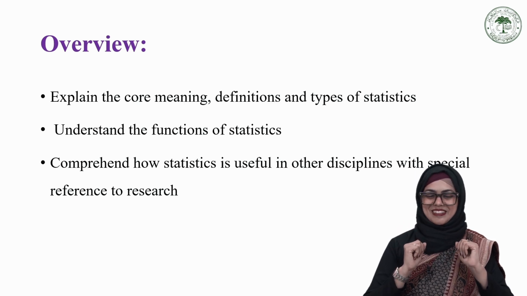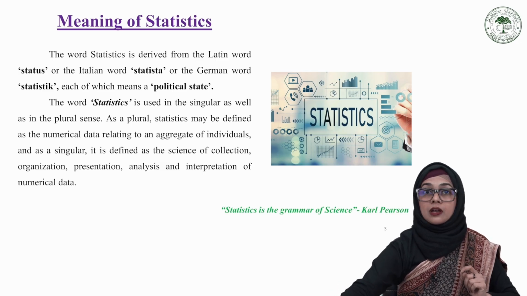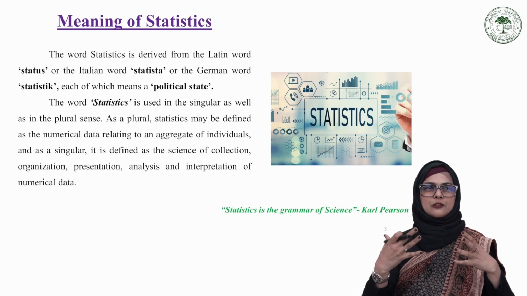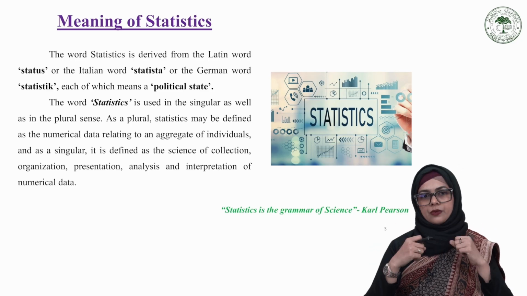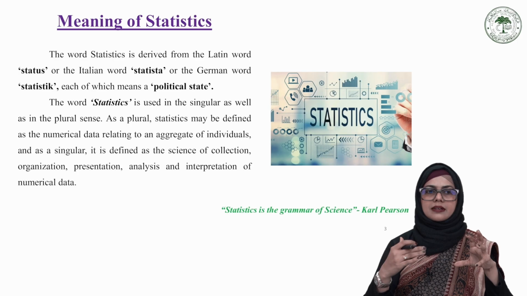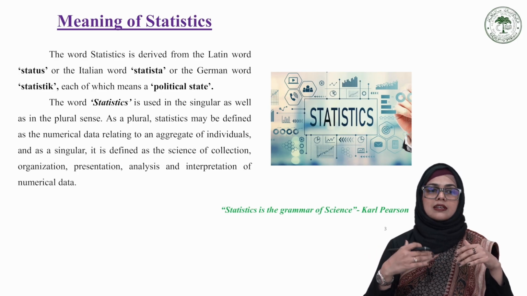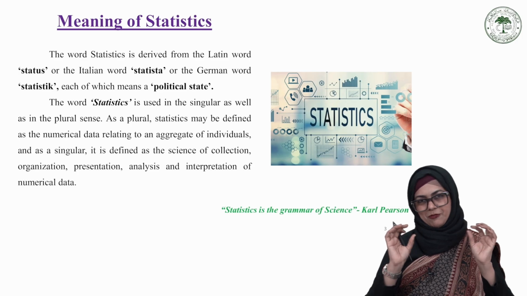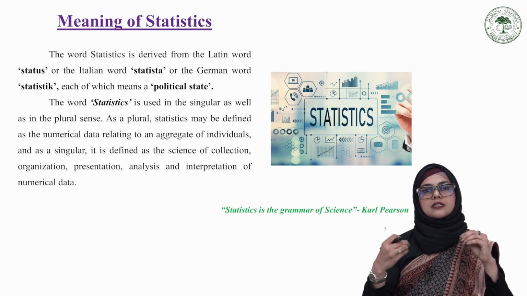So let's get started. To begin with, when I'm talking about statistics, if you look at the etymological origin, where did this word originate from? It originated from a Latin word, status, statista in Italian, and even in German we call it statistik, with a different spelling, but you pronounce it almost the same, which means a political state.